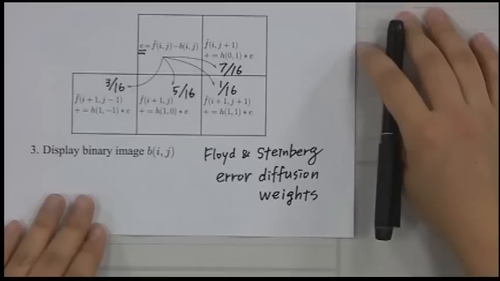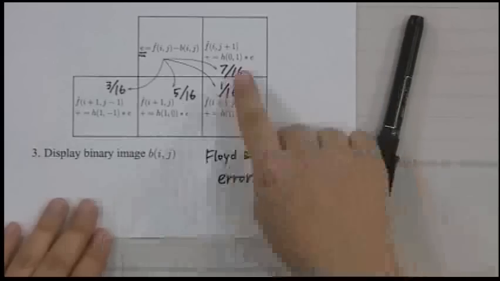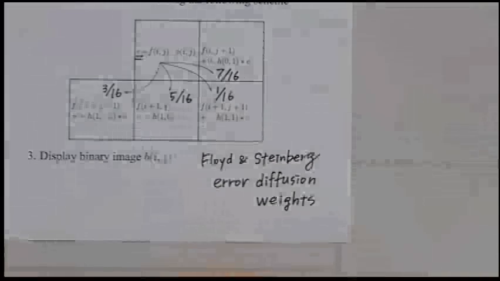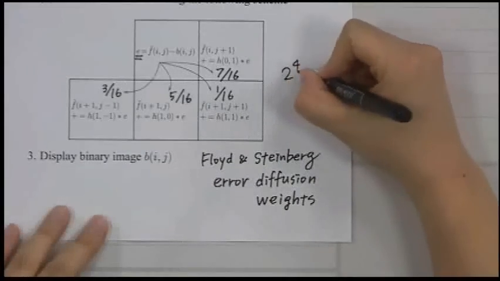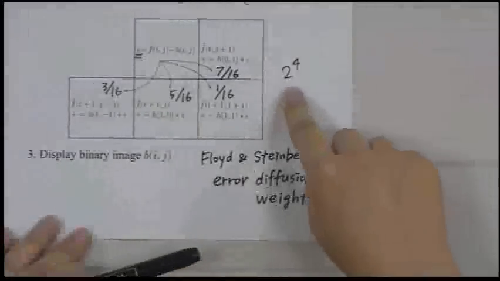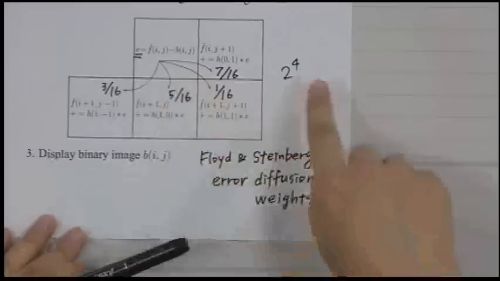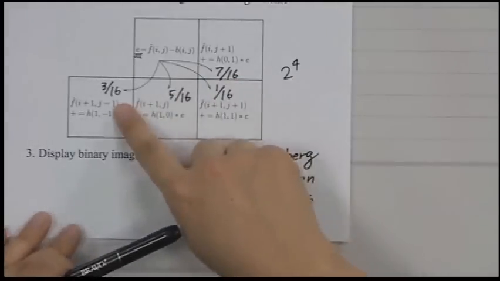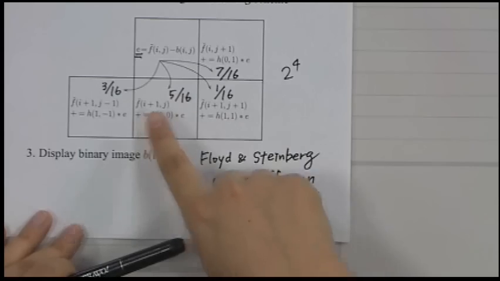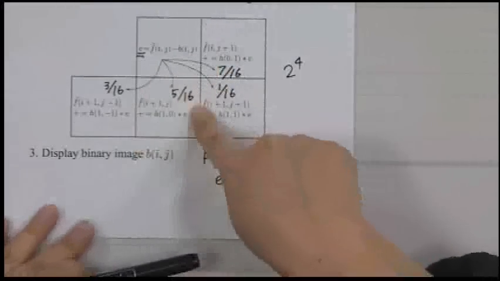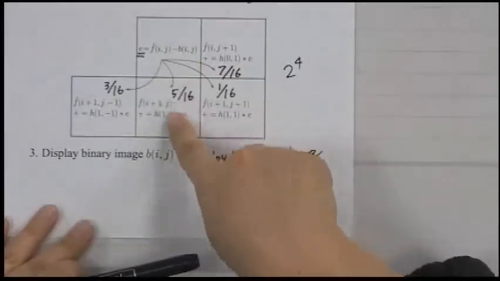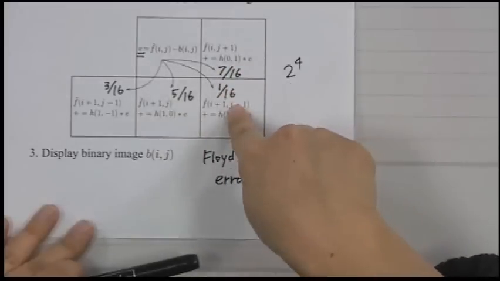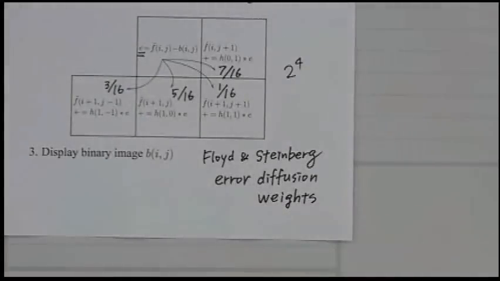Computation shouldn't be too expensive. For example, 16 is 2 to the 4, so in a computer it's easy to calculate. We can implement it by shifting. So they picked these numbers. Also, I think they considered that this neighbor is closer, so it has more influence, so they picked a little bit larger number than this one. Okay, thank you.